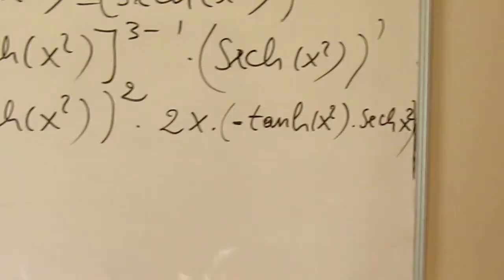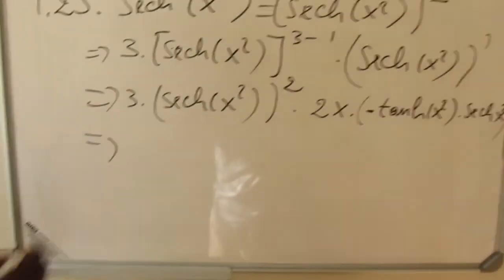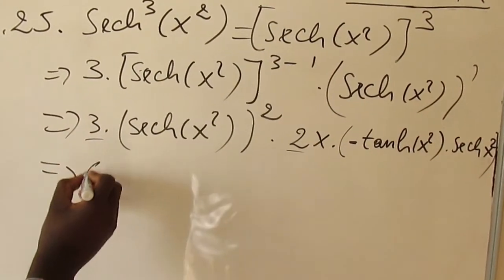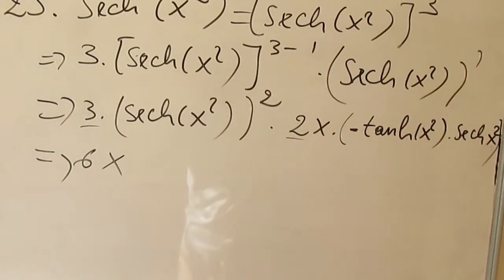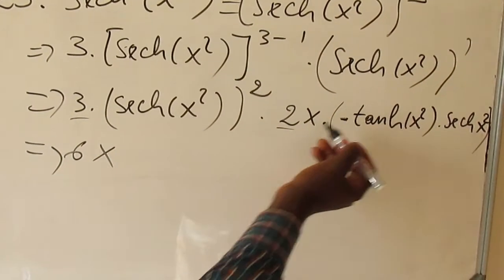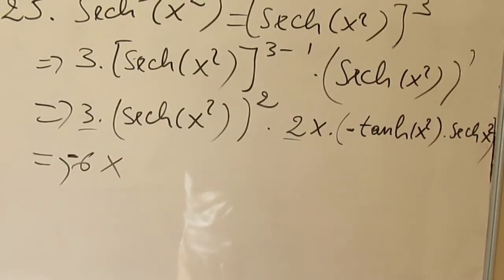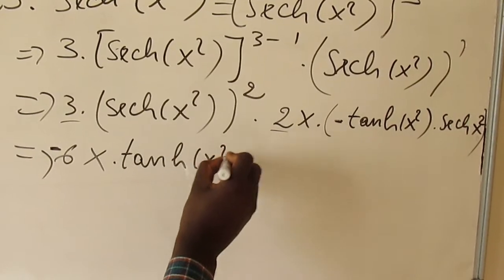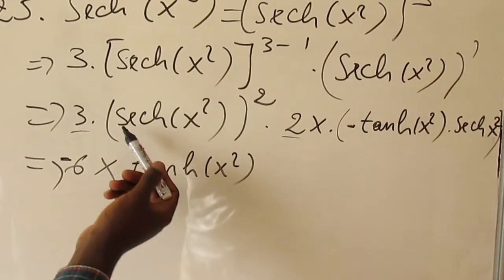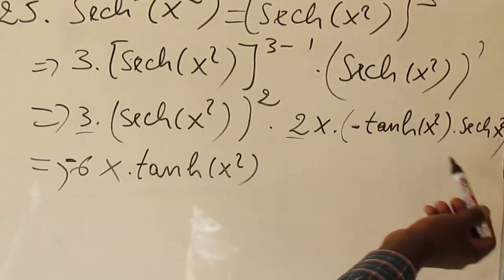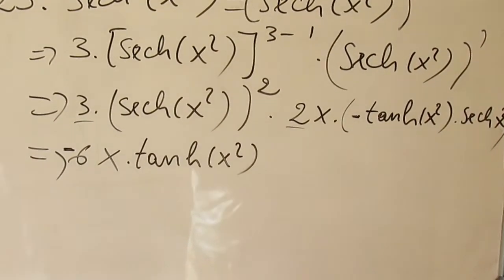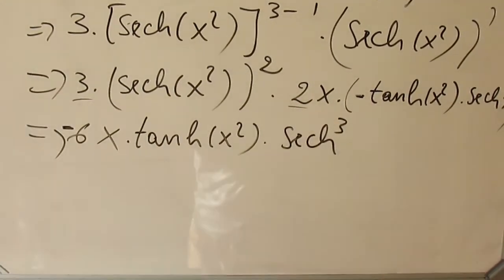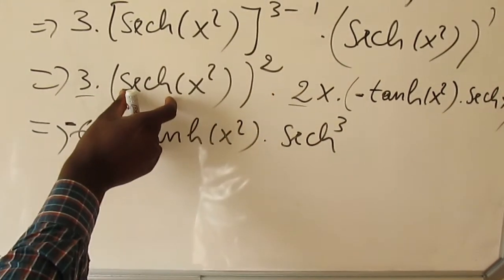Okay, guys? And what is remaining here? We can take 3 times 2, which is 6, with the x, 6x. Then there is a negative sign here, you can put it in front. Then multiply by tanh of x squared. Then you have now sec squared times sec of x squared, so it's going to give you sec cubed. The 2 here is for sec, it's not for the angle.